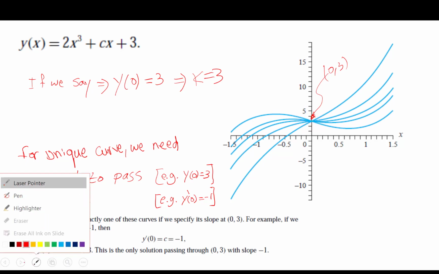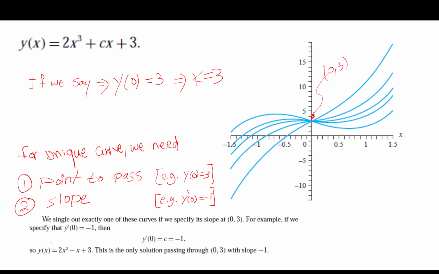Let me use another color here. Let's use the green. So if we have this point here, and we have, for example, this one, then assume that this is the curve here, it has a specific slope here.